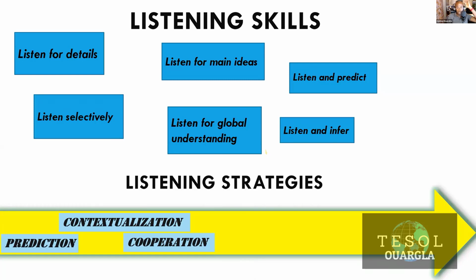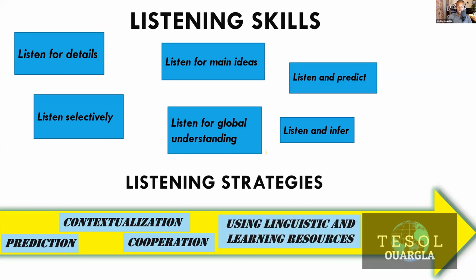Then we have cooperation, that is working with others to get their assistance in comprehension and learning. Then we have using linguistic and learning resources, relying on knowledge of L1, in our case, Arabic, for example, and referring to available resources wherever they are.